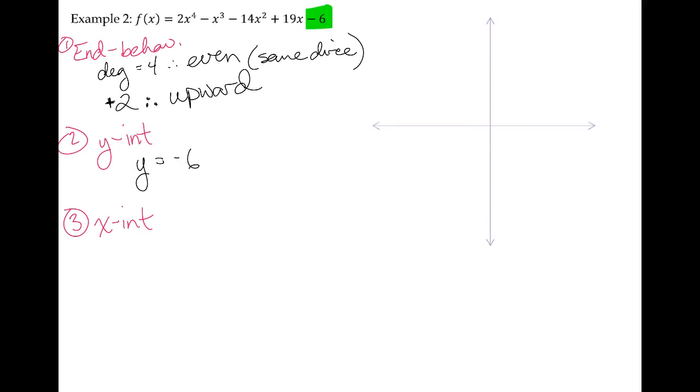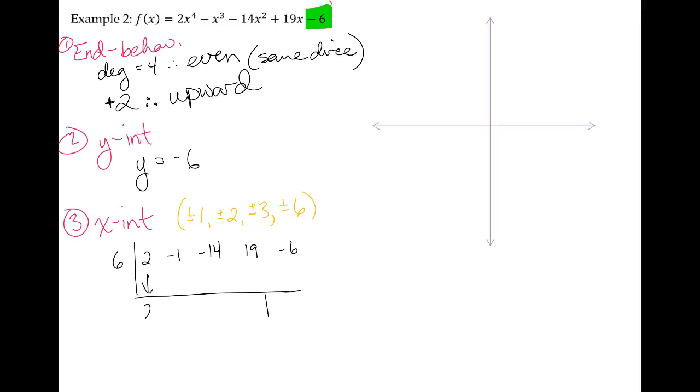So again, I always look at my constant to decide what my possible options are. So I could have plus or minus 1, plus or minus 2, plus or minus 3, plus or minus 6 as my options. So start with 6 maybe this time, positive 6. I fill in my coefficients, 2, -1, -14, 19, -6.